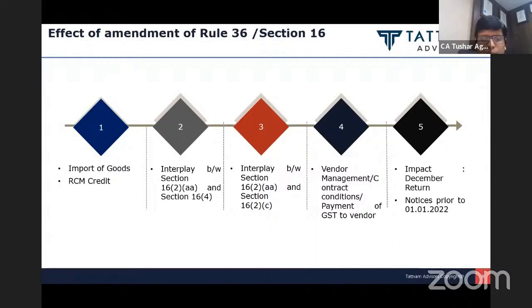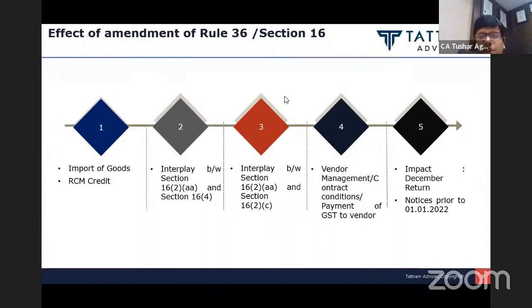Friends, you have to make sure your suppliers upload the invoices on a timely basis and the same is reflected to you on a timely basis so that you can avail the credit. If there is a delay by the supplier in uploading the invoices on the portal, if they upload, say, in October 2022, November 2022, the credit is lapsed.